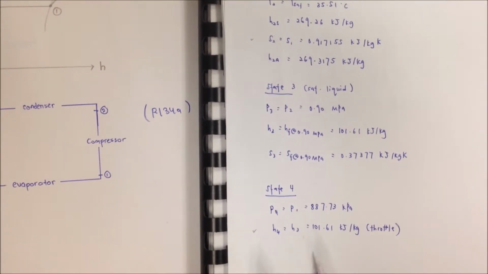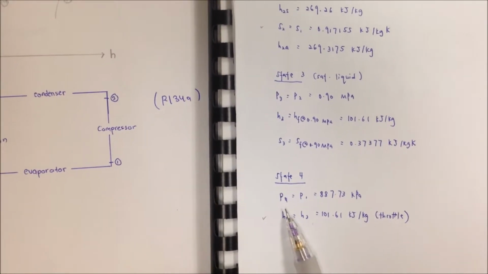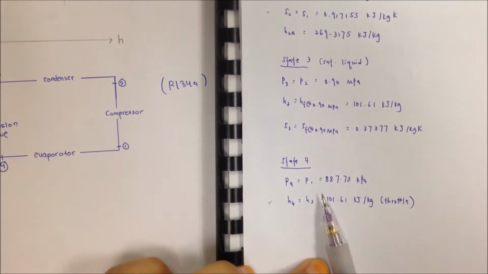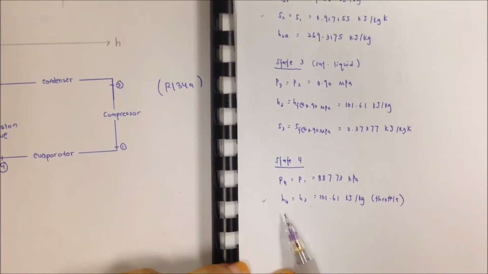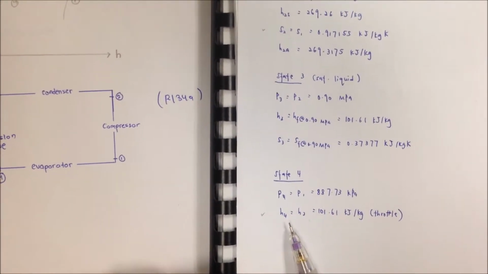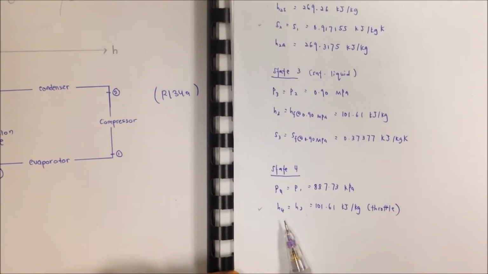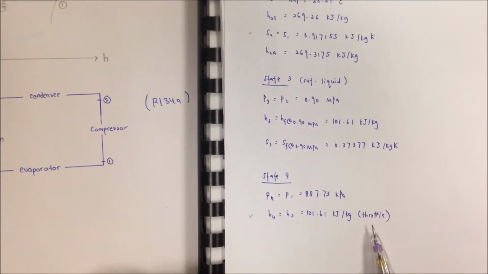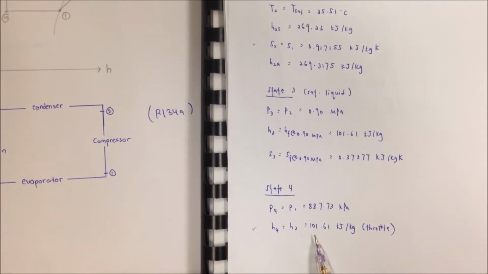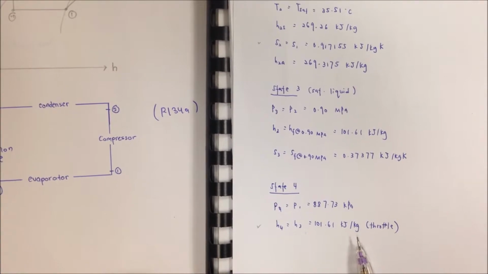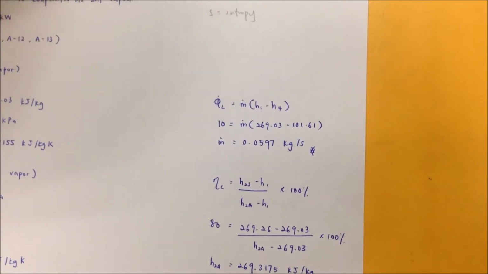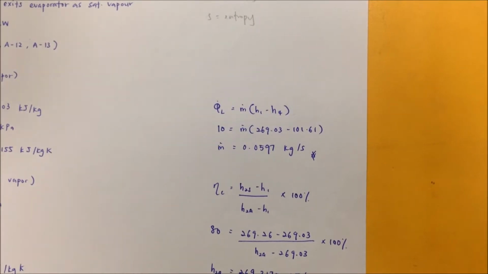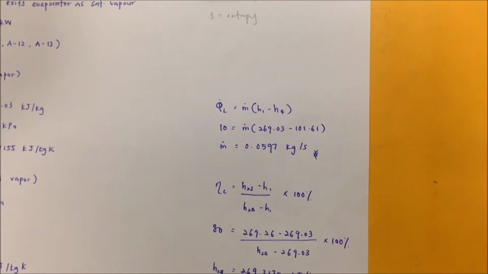At state 4, the pressure equals the pressure at state 1, and the enthalpy H4 equals the enthalpy at H3, since it's throttling. It equals 101.61 kilojoule per kilogram.